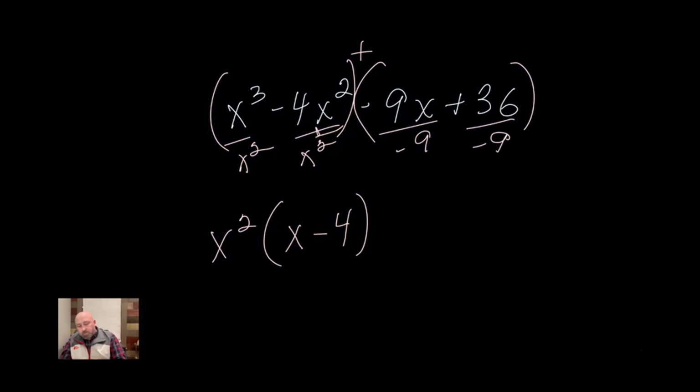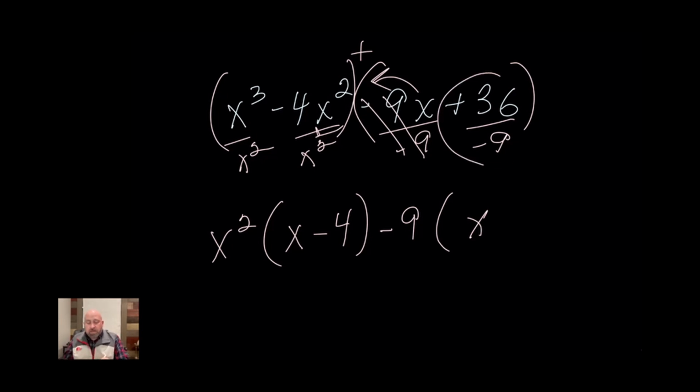And so what pulls out of there is going to be a -9. All right. And then we are going to have left over inside that cancels out, and it's going to be an x. Okay. And then we are left with this over here, and we get a -4 out of that.